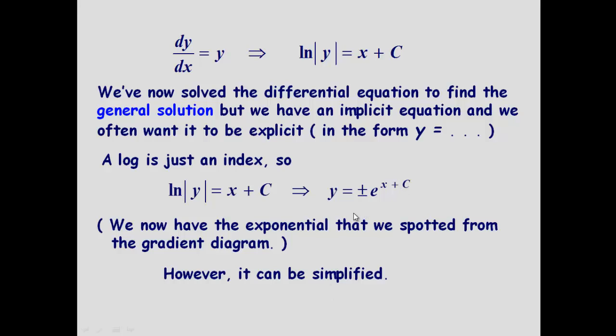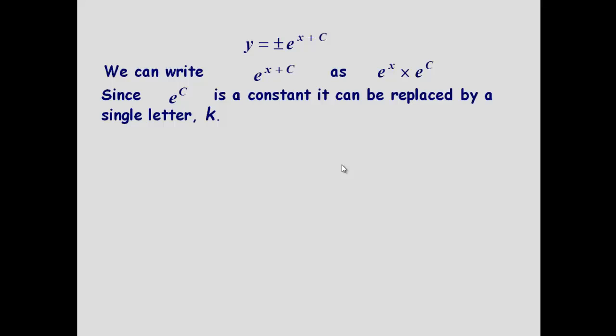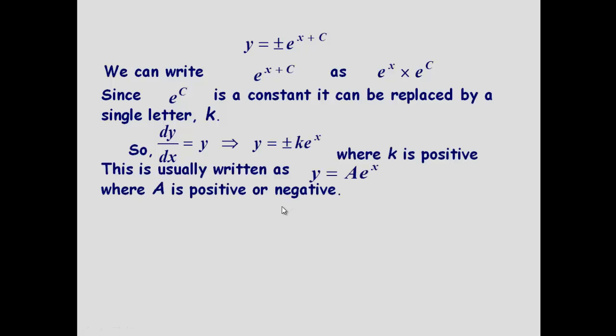We can simplify this. e to the x plus c is the same as e to the x times e to the c. e to the c is just a constant, so we can just multiply e to the x by a constant, say k. So we can rewrite this as, instead of this, plus or minus k e to the x, where k is a positive constant.